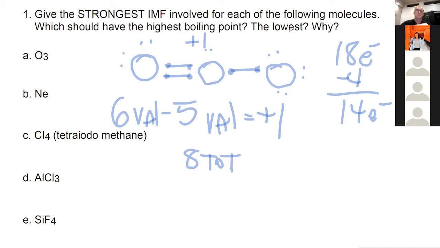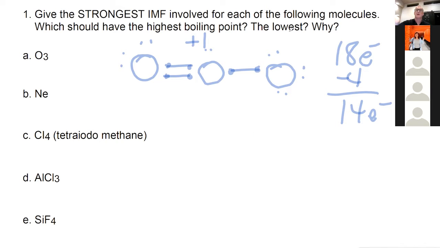Would it be 2 double bonds? Okay, let's try that. Because the oxygen on the end, how many valence electrons does that oxygen have? Is that 7? It's supposed to have 6, but it has 7.